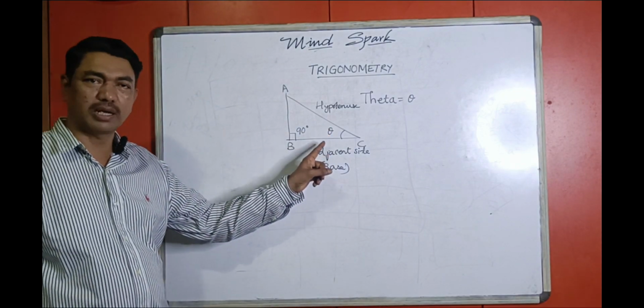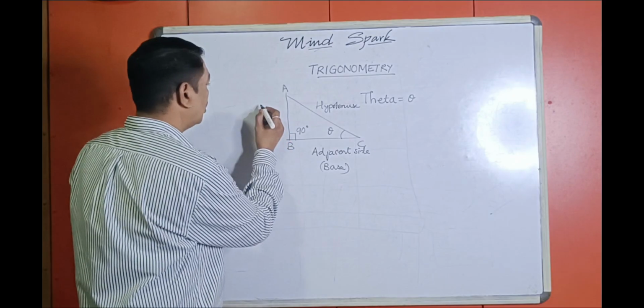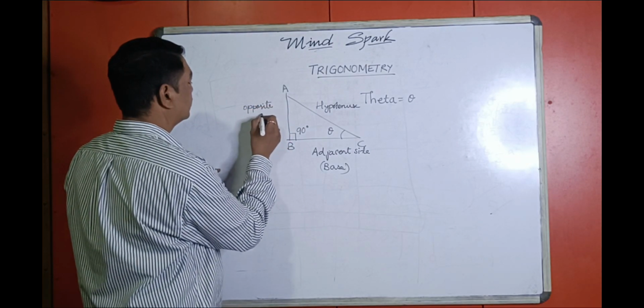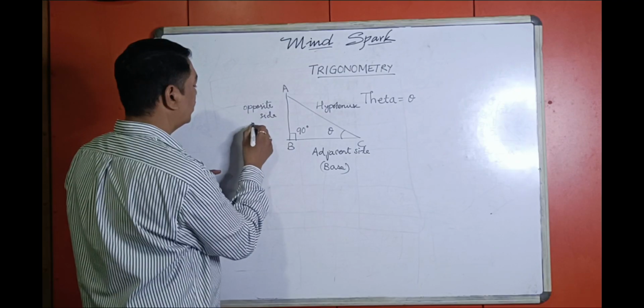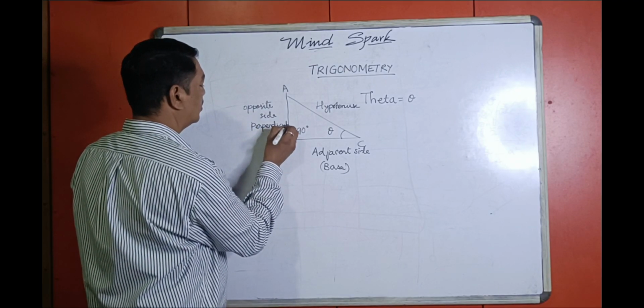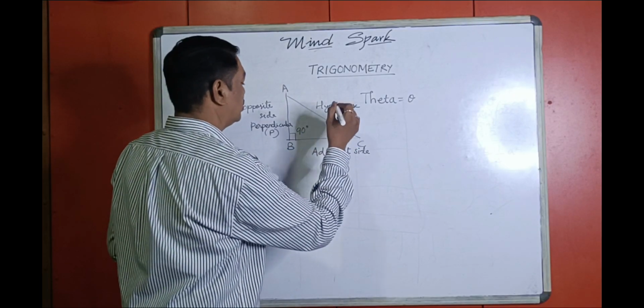Opposite to theta is the perpendicular, or you can call it the opposite side, P. And hypotenuse is H.